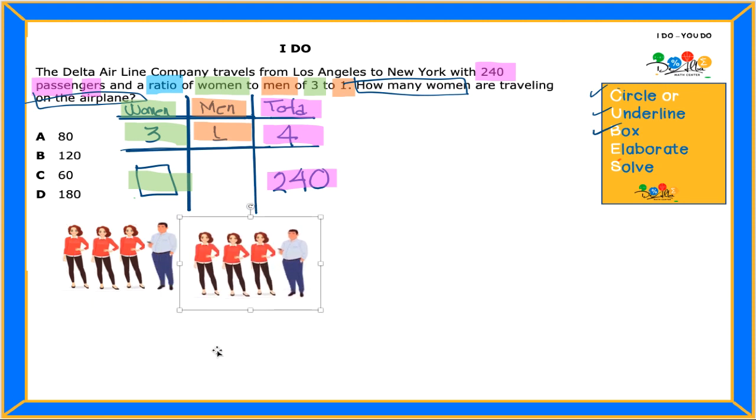Okay, so now, please, can you tell me what's the total now? 8 passengers, great. And the number of women? 6. Okay, and I'm going to record that on the side.